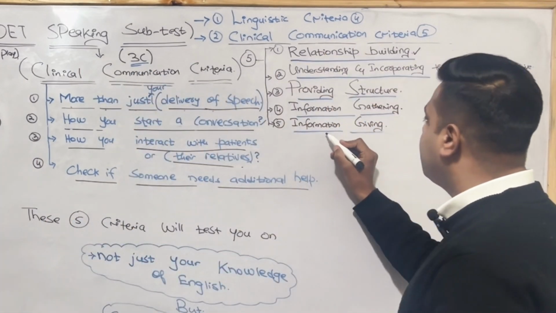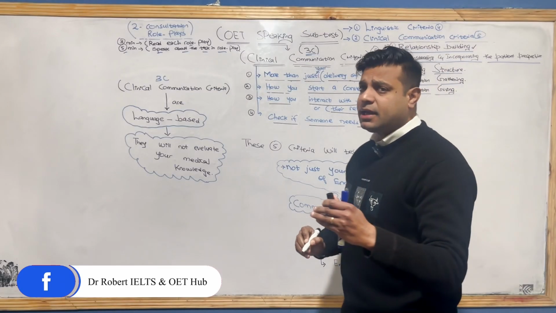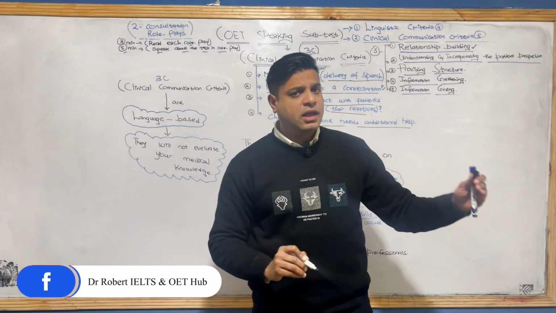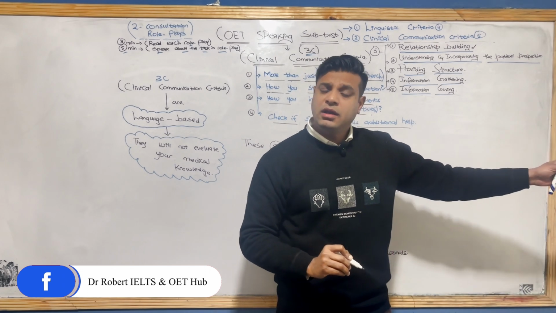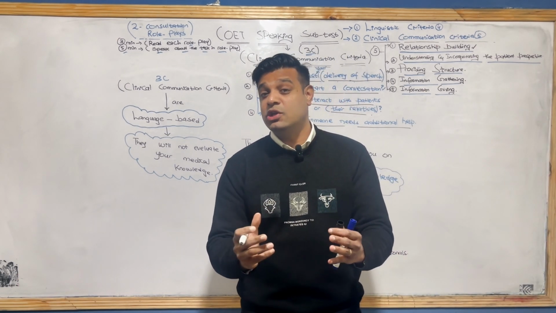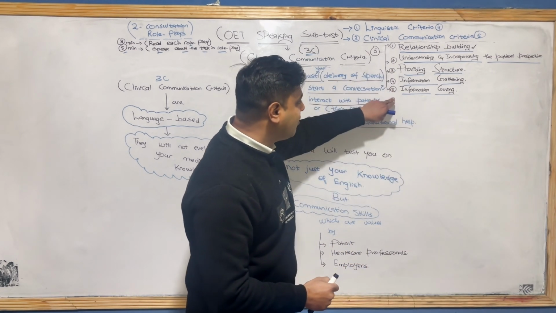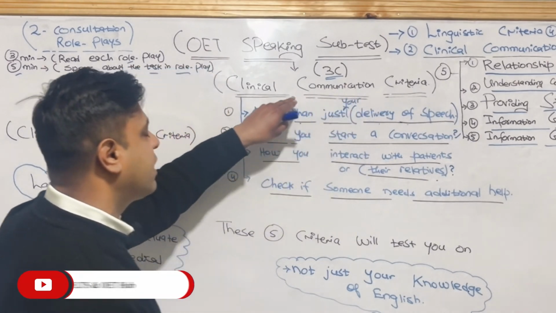The fifth one is information giving: how, being a doctor or a nurse or a pharmacist or a physiotherapist, you're going to give relevant information to the patient. So these five criteria come under the domain of clinical communication criteria.